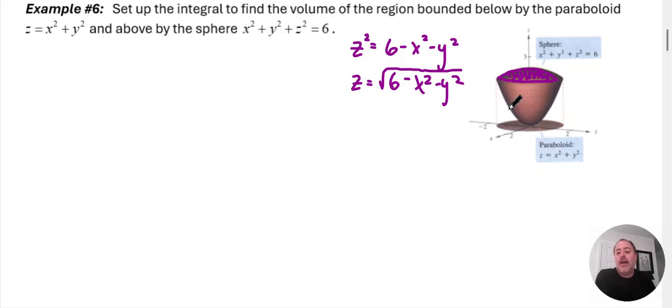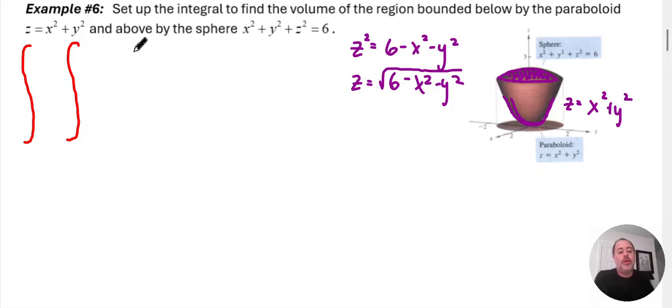And then the paraboloid that you see here is actually our lower curve. They've already given us the equation that z is equal to x squared plus y squared. This is actually kind of nice, because they've already given us the surfaces that we can use to set up our triple integral.